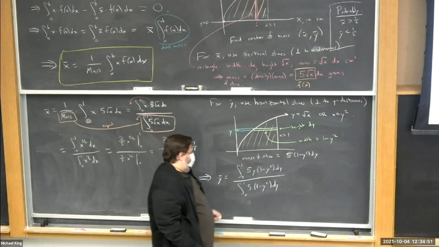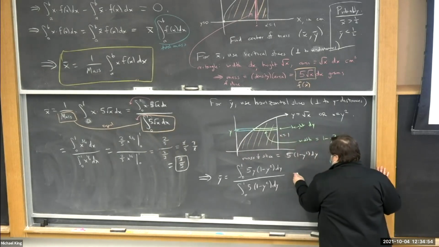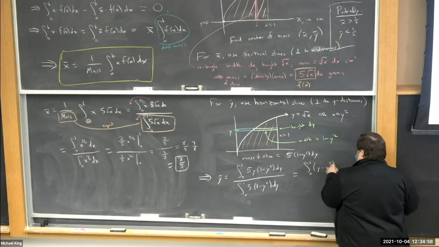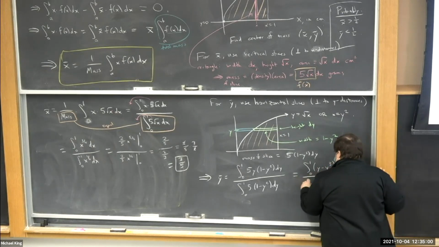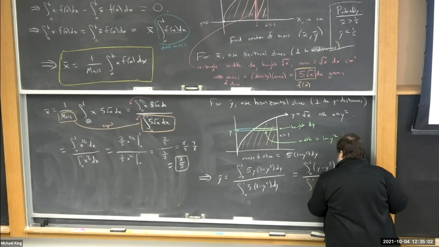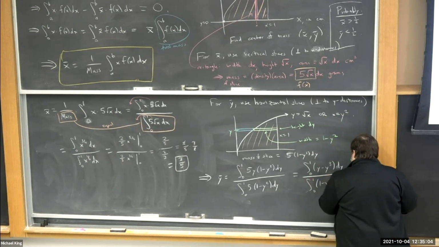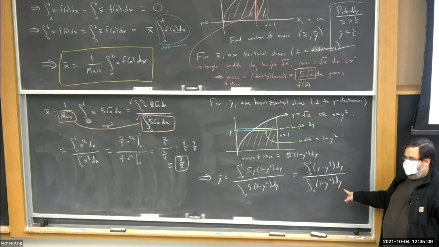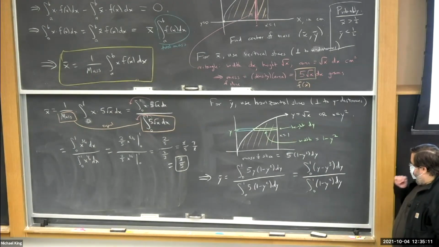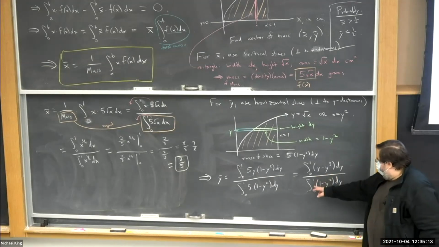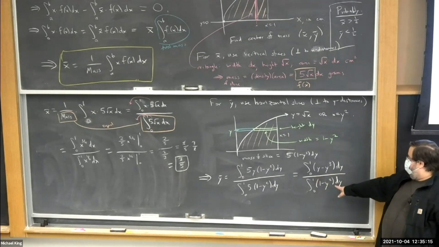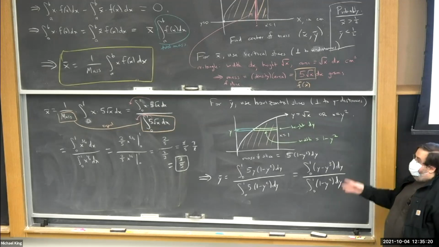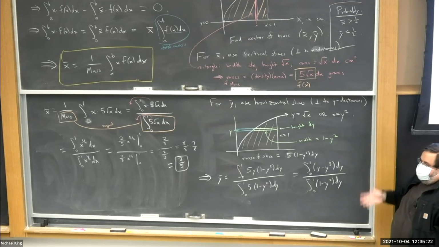But so I'm hoping this worked out to be 2/3 again. Yeah, this should work out to be 2/3 again, because this is really just a different way to find the area of that region, right? You can find the area of that region with vertical slices or with horizontal slices.